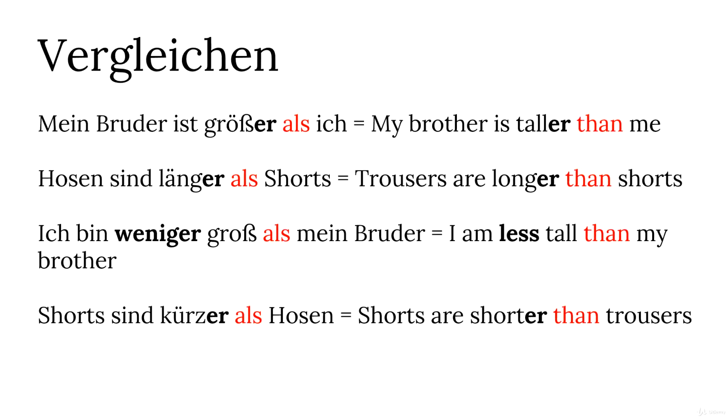Ich bin weniger groß als mein Bruder. And of course, you can do it the opposite way when you say, for example, I am shorter than my brother. Then it goes just like the first two sentences.